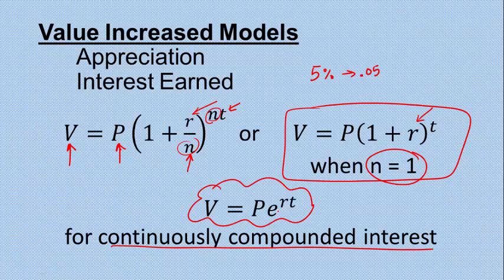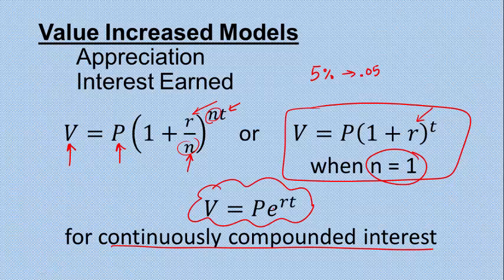E is used a lot in nature and in science. Think about cell growth. We don't go like, okay, after 30 seconds this many cells grew, or after 3 days this is how many cells grew. We look at it over a period of time, but we don't say exactly when the clock hits 30 seconds, that's when the new cells appear. That's how interest would work.